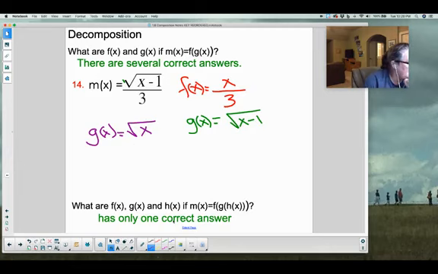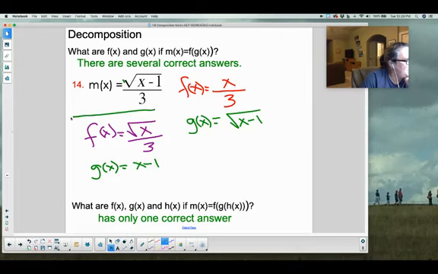No, that wouldn't work that way, would it? That would have to be my f of x, and it would have to be on the outside, and say I've got the square root of something divided by 3. And on the inside, what does this need to be replaced by? That would give me my g of x is x minus 1.